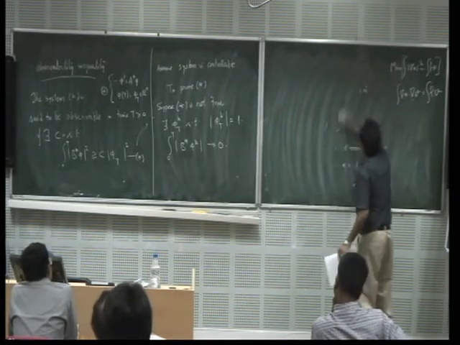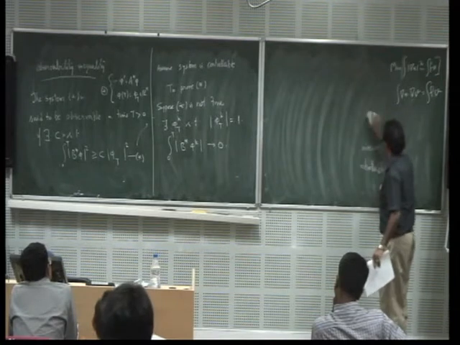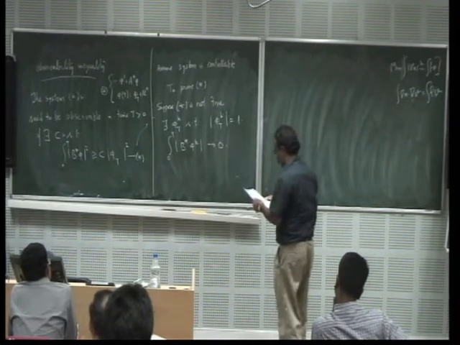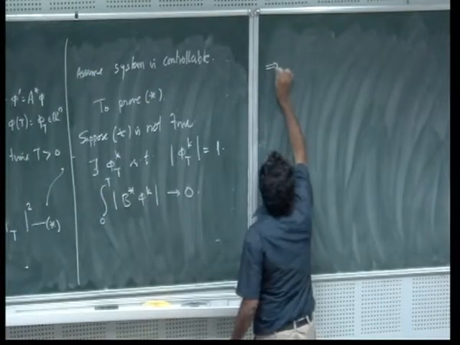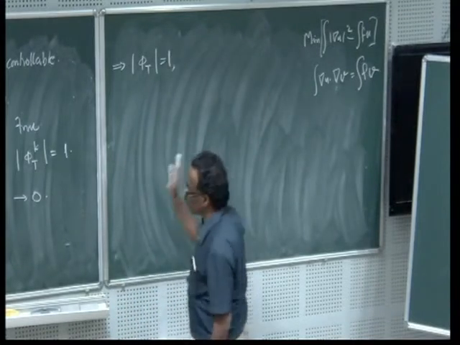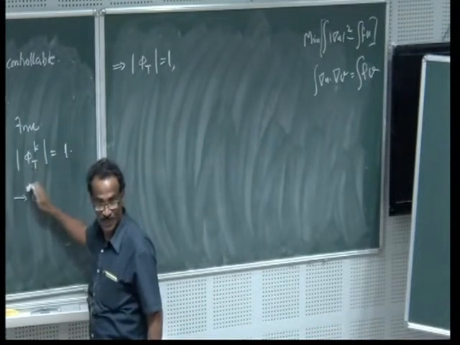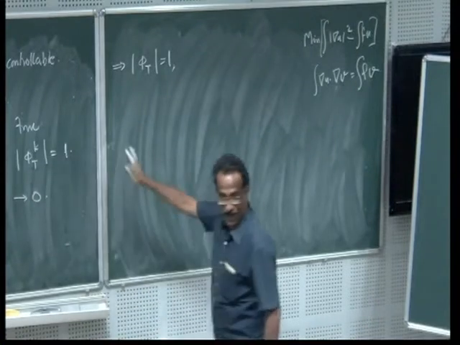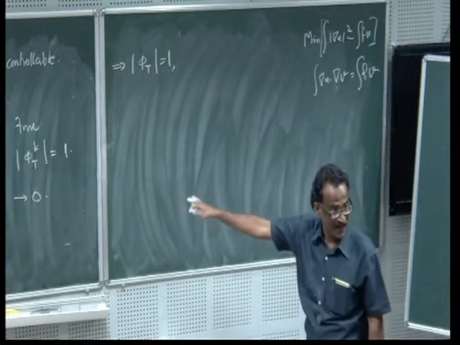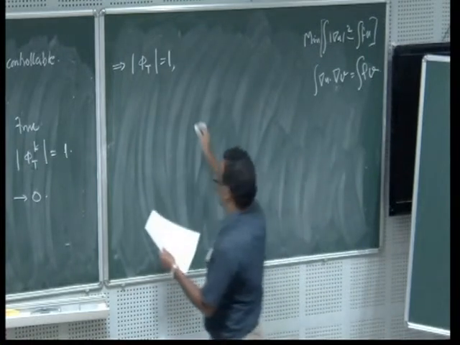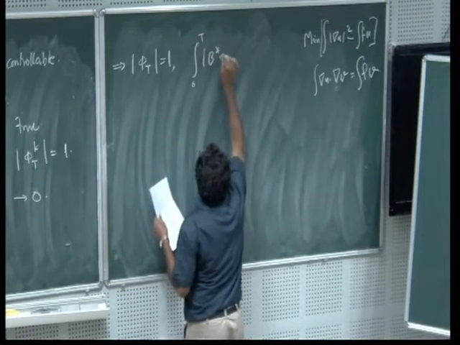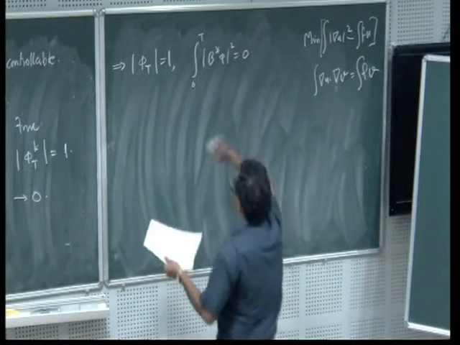I'm going a little fast so that you can do something of PDE also. You can prove modulus of phi t is equal to 1. So you don't have the difficulties of infinite dimension at this stage, because these are all boundedness and all that are fine. In infinite dimensional spaces you will have difficulty immediately to develop these things. You can also see that the integral from 0 to t of b star of phi squared is equal to 0. Both these things you can do quickly.